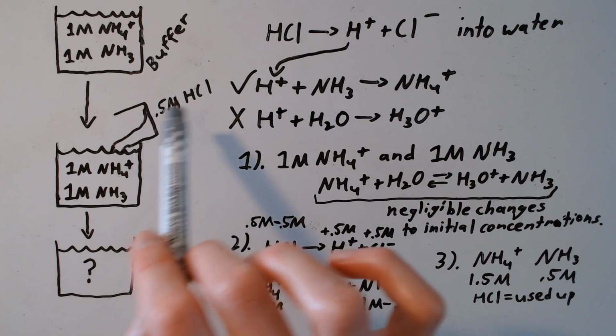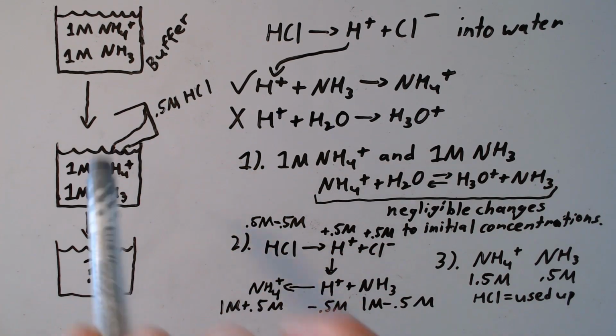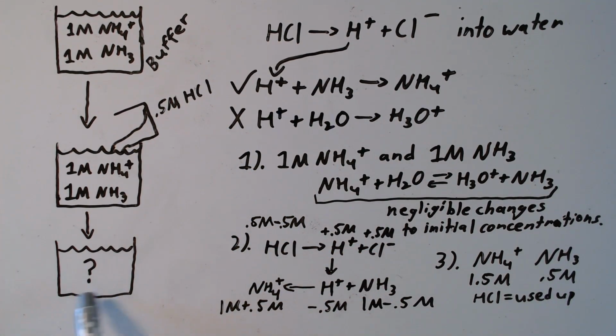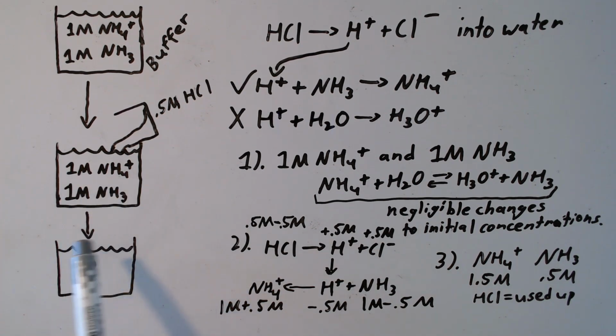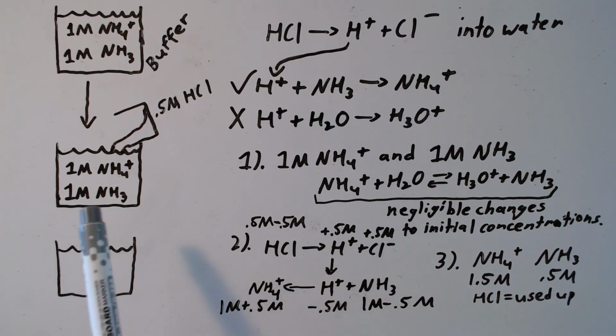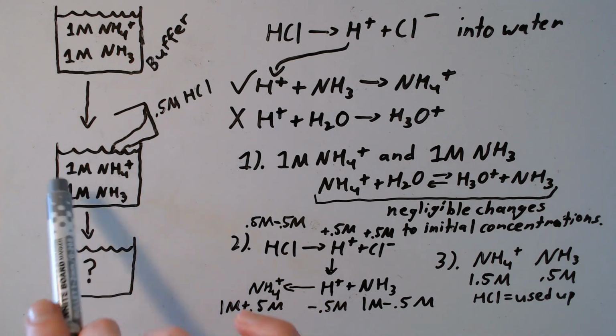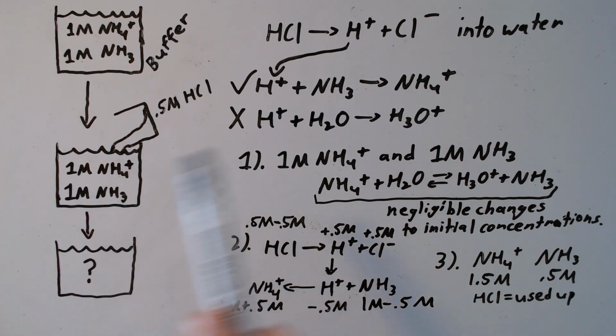We added this strong acid, 0.5 molar of HCl. So what happens to the solution? Does the pH change? How much does it change by? Well, we'll see what happens by checking how these reactions actually go in solution.